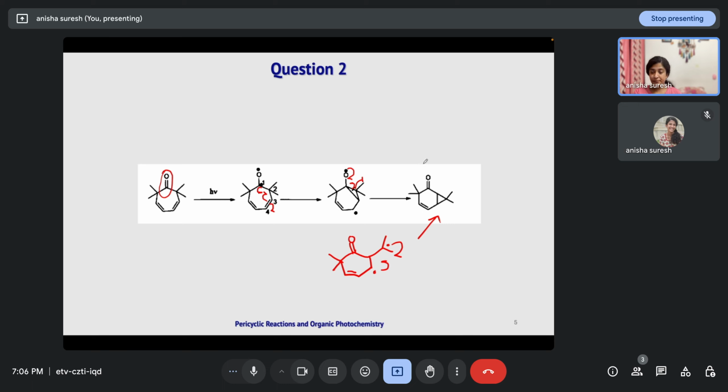Okay, any doubts? So this is also an example of oxa-di-pi-methane rearrangement. Is the mechanism clear?